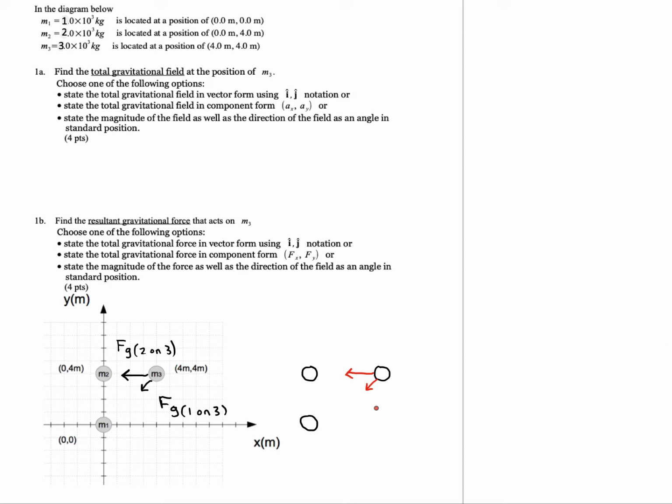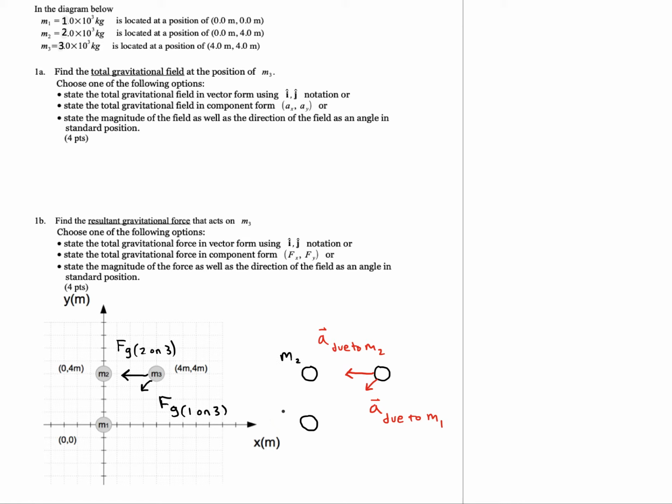They are going to be in the units of meters per second squared. They are acceleration units. So we can call it A due to M1 and A due to M2.